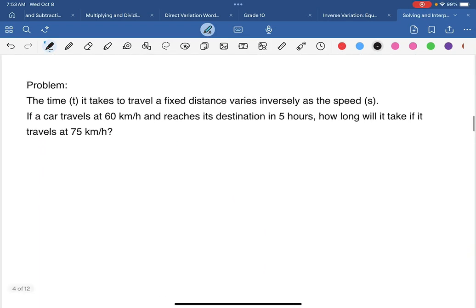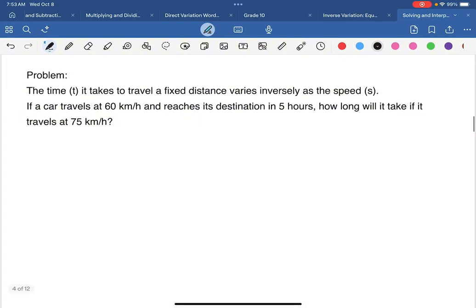For the next problem, we have the time t it takes to travel a fixed distance varies inversely as the speed s. If a car travels at 60 kilometers per hour and reaches its destination in 5 hours, how long will it take if it travels at 75 kilometers per hour?